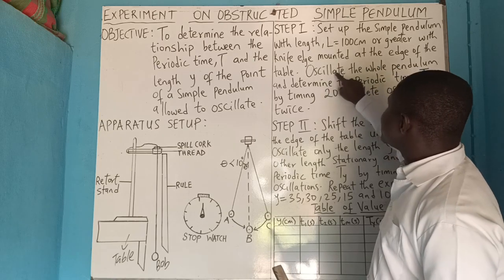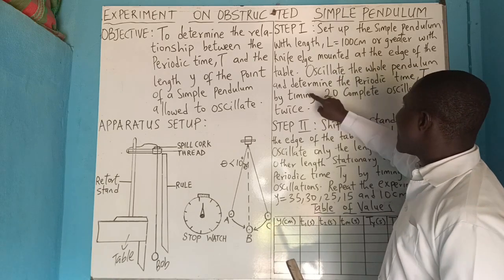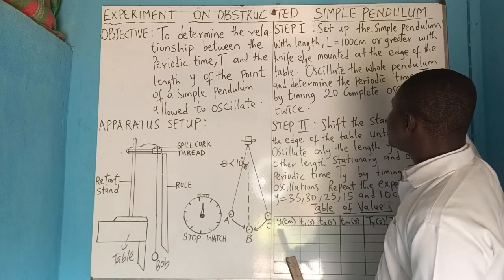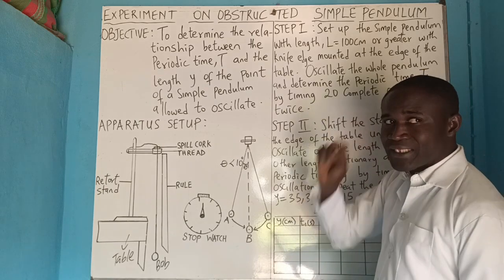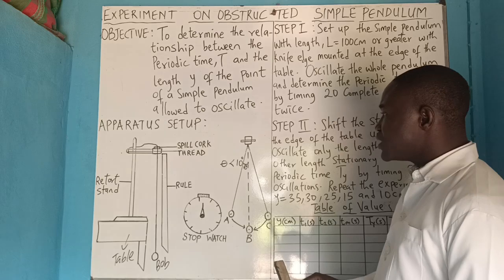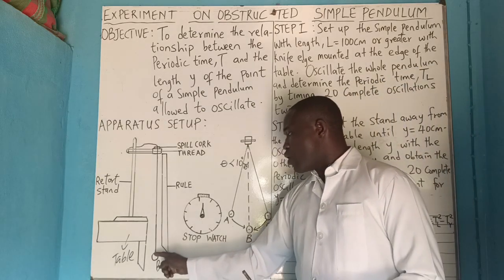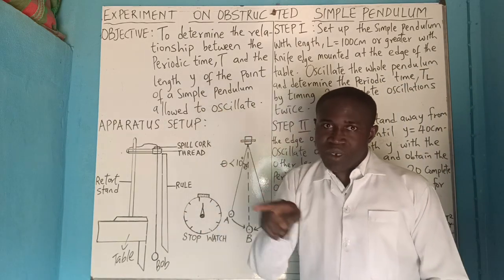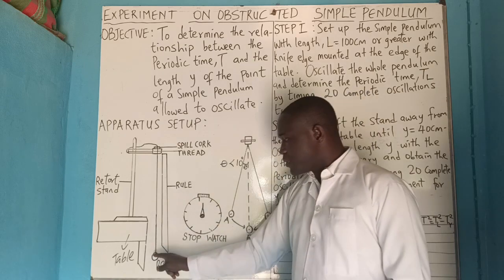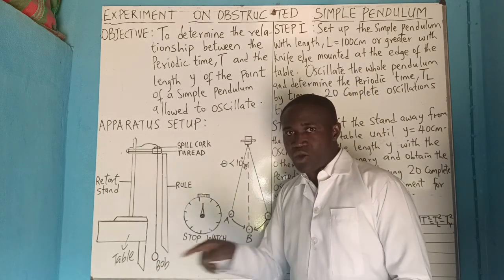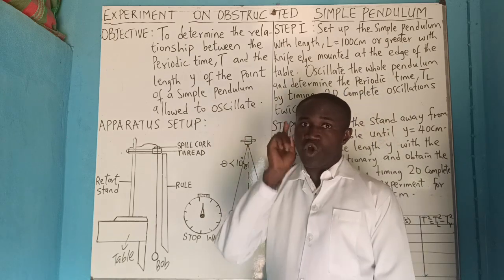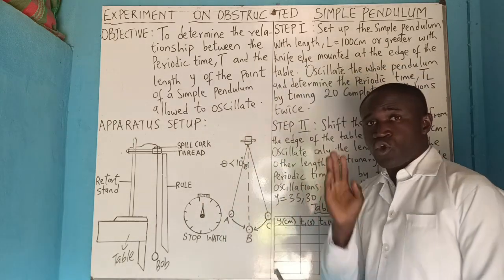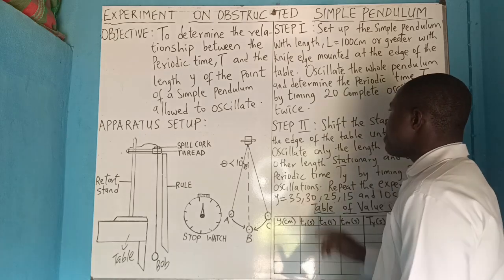Then oscillate the whole pendulum and determine the periodic time T by timing 20 complete oscillations twice. What it means is that we displace this thread at a small angle so that it will start to oscillate for 20 oscillations. And we will do it 2 times.